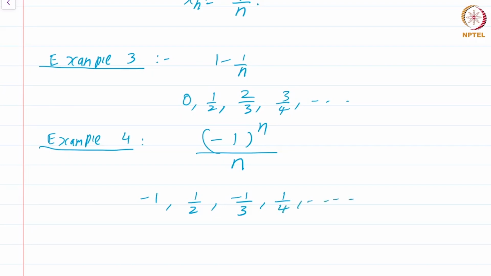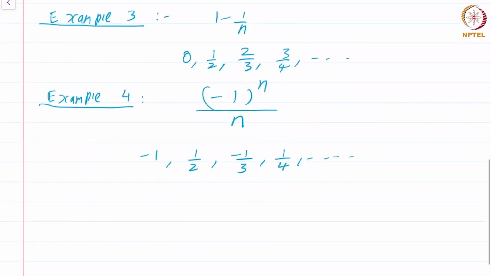If you observe carefully, this sequence is neither increasing nor decreasing. It seems to be jumping here and there. But if you just collect together all the terms coming from the odd xn's, where n is odd, you get the sequence minus 1, minus 1 by 3, minus 1 by 5, and so on.